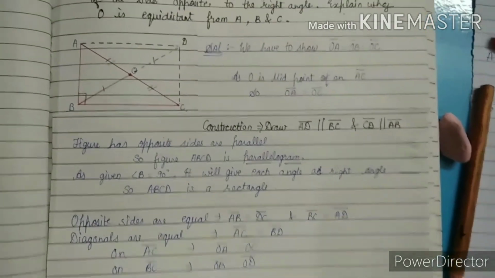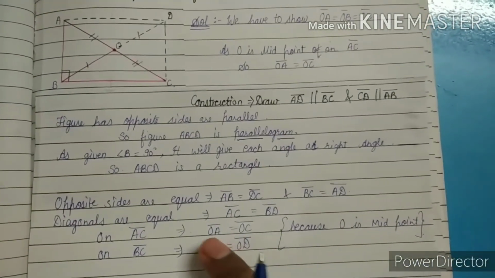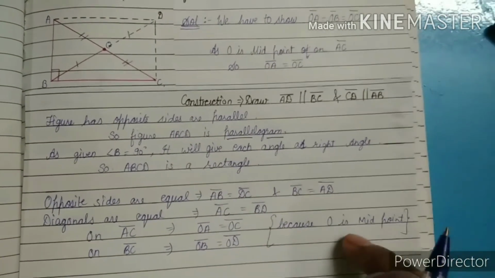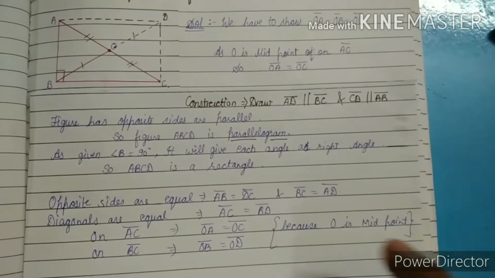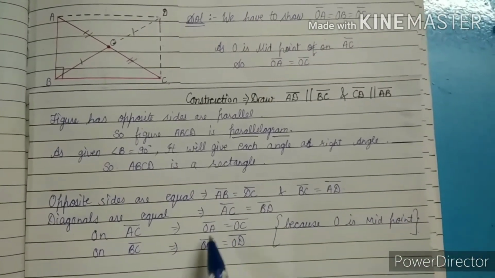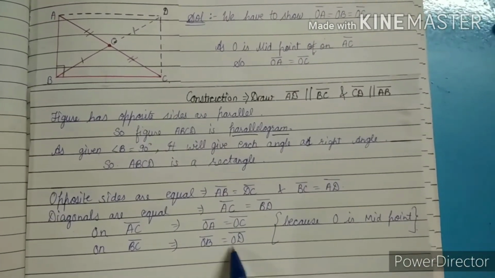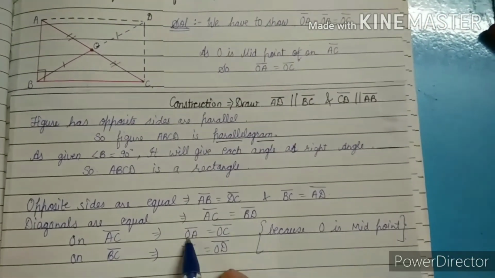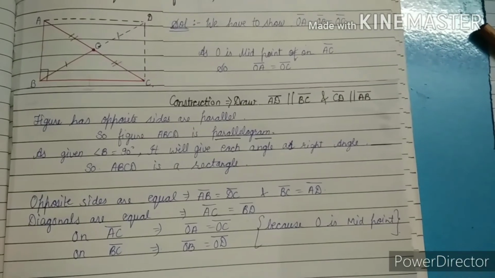Why are we saying OA is equal to OC and OB is equal to OD? Because O is the midpoint. O is exactly in the middle, that's why we say OA is equal to OC and OB is equal to OD. And if the diagonals are equal, their parts are also equal to each other.